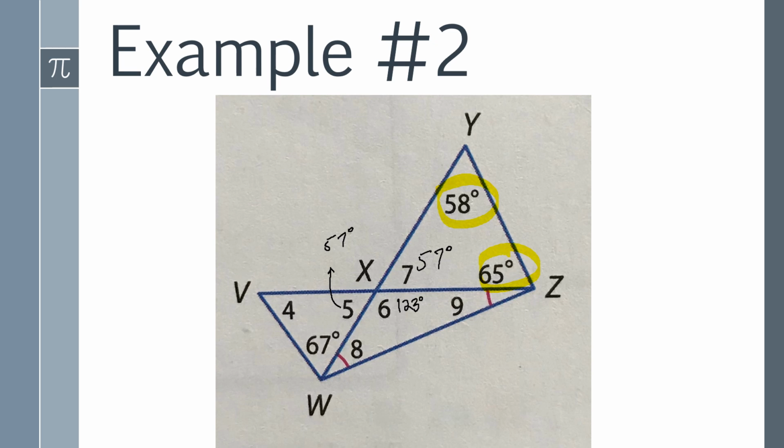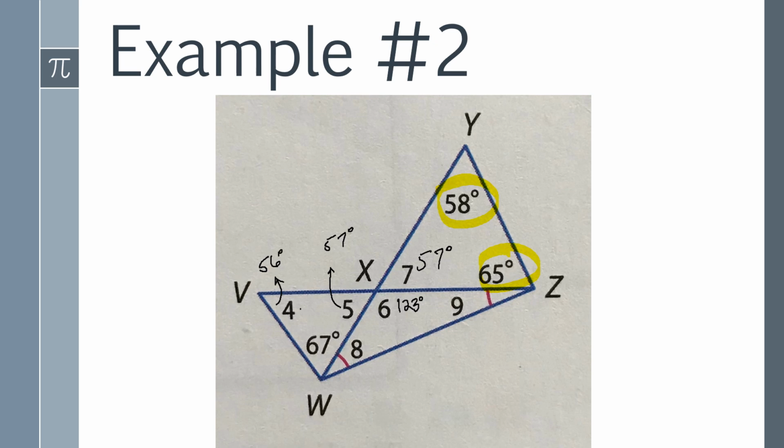Now I want to figure out angle 4, right? So I've got 57 and 67, and I've got to figure out angle 4. So 57 plus 67 is 124. So I'm going to subtract 180 minus 124, and I've got 56. So angle 4 is 56.